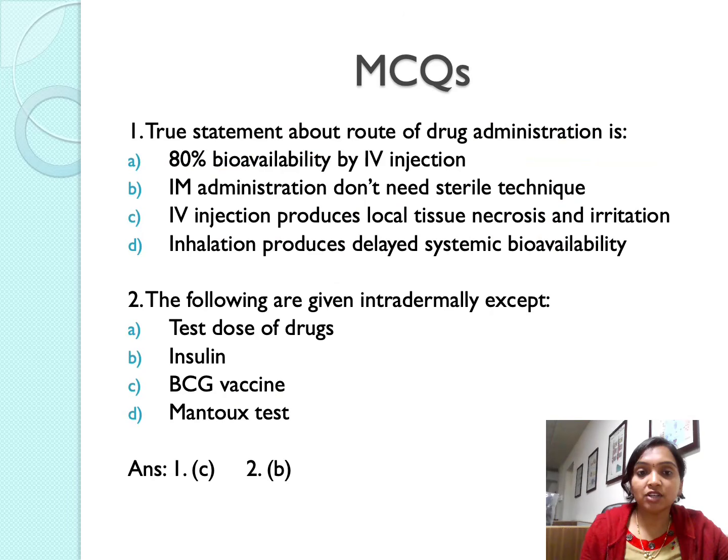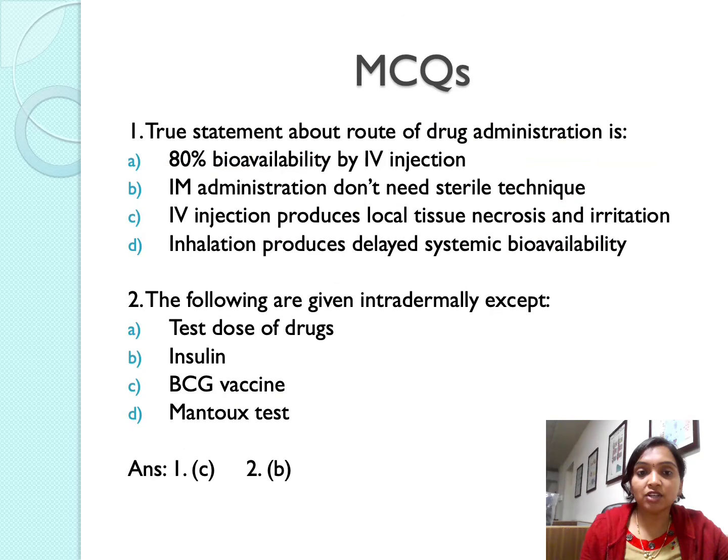So the first MCQ is, which is the true statement about route of drug administration. IV will provide 80% bioavailability. IM administration does not need sterilization technique. IV injection provides local tissue necrosis and irritation.